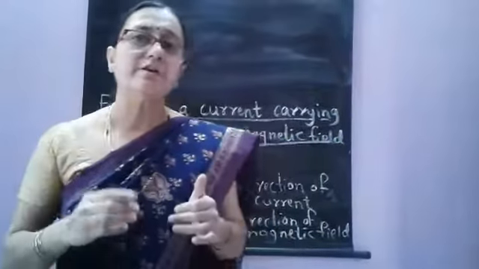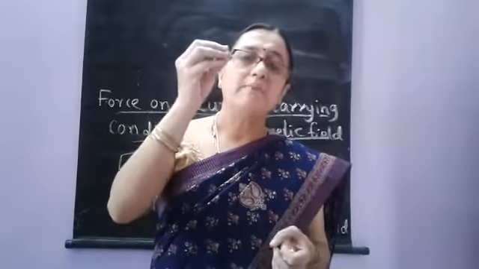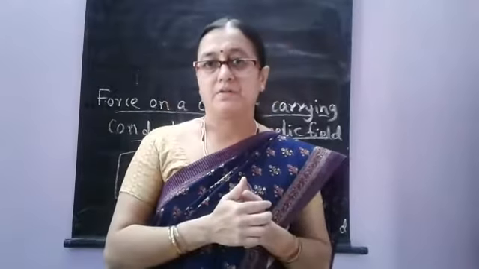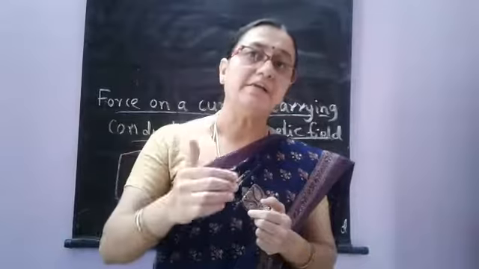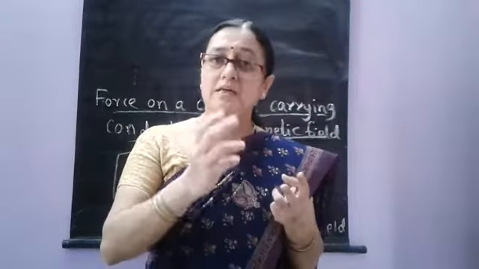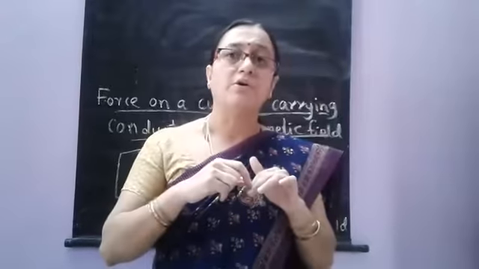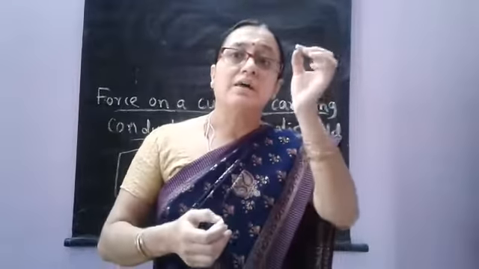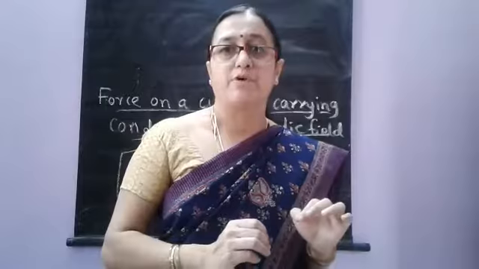Taking the application of this, even in our human body, a small minute current is produced. So when this minute current is produced, it will be affecting a magnetic field. Let us see how our human body responds to the current impulses which are produced in our body.